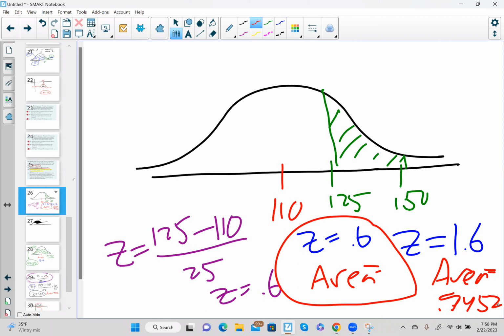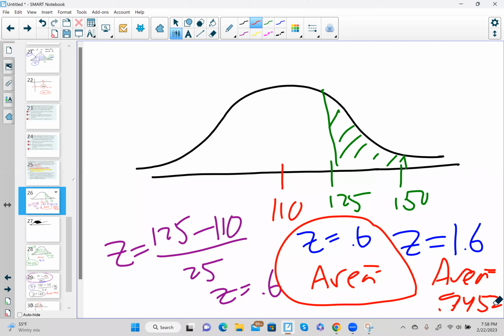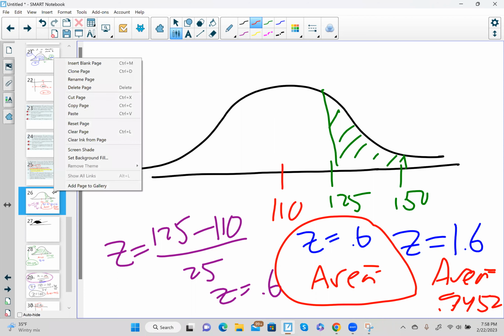That was the question in part A, just in case you forgot. Here's the normal chart. If you look in the lower left corner, you'll see the 1.6. And right next to it is the 0.9452. So that's what we have there. We need to look up 0.6 as well. So we're going to go in a normal chart. Here's what's going to happen.